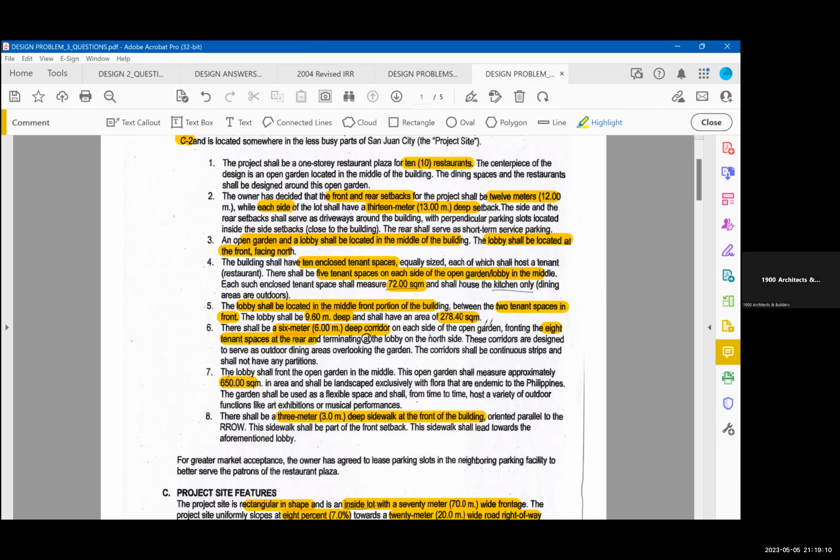There shall be a 6-meter deep corridor daw on each side of the open garden, fronting the 8 spaces at the rear, terminating at the lot in the north. So, ito, these corridors are designed to serve as outdoor dining. Ito, continuous strips and shall not have any partition. So, medyo, once na plot na, papakita ko sa inyo mamaya kung paano, medyo confusing to kung saan natin ilalagay.